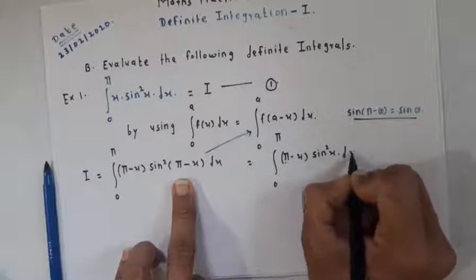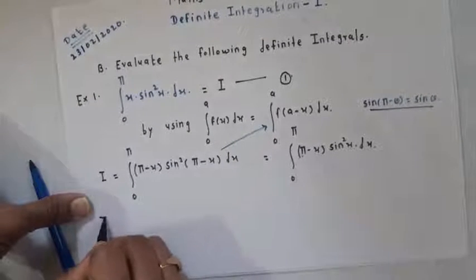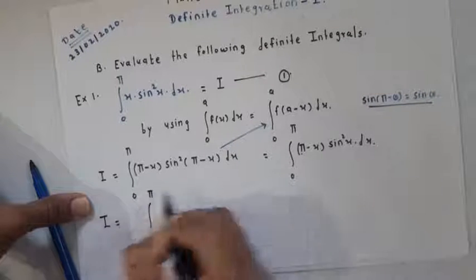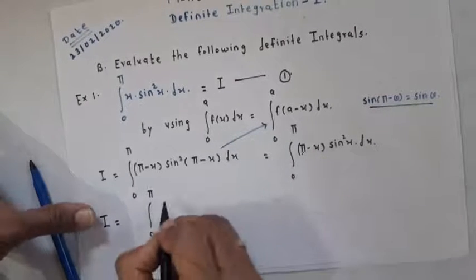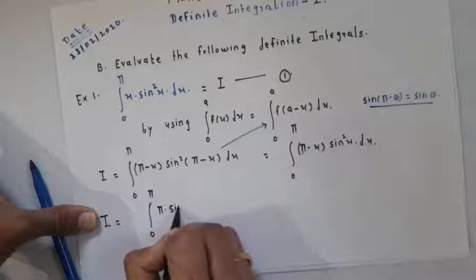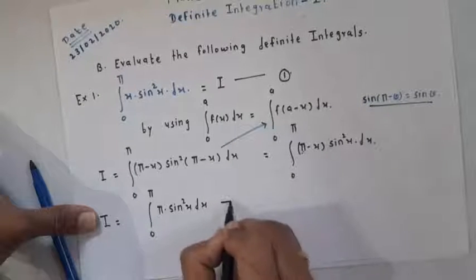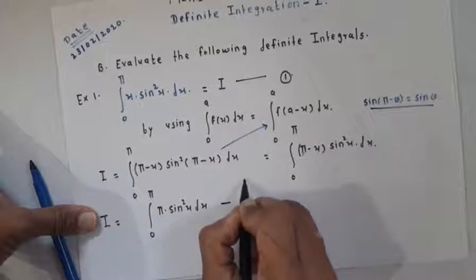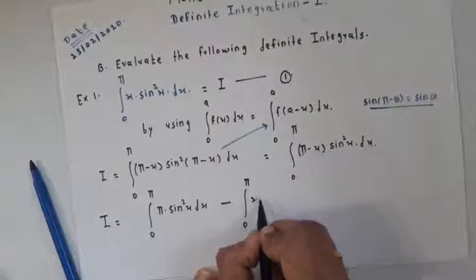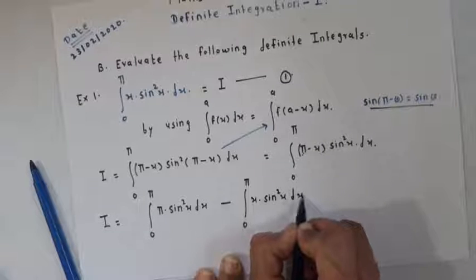Now we can write I equals the integral from 0 to pi of pi sine square x dx minus the integral from 0 to pi of x sine square x dx.